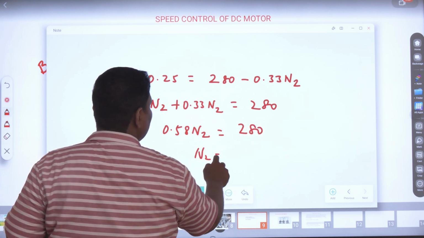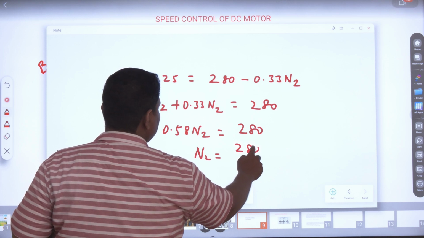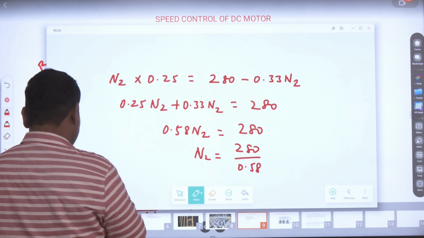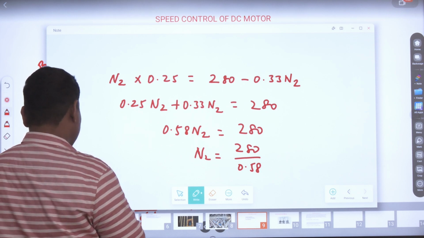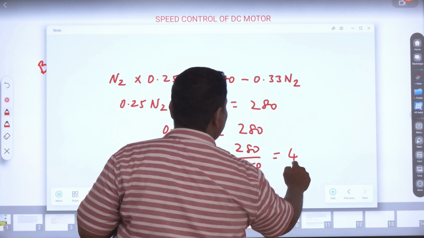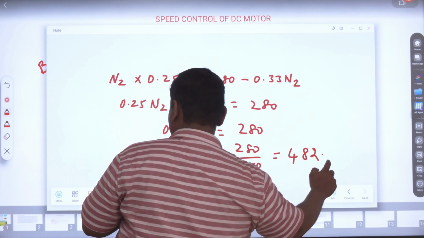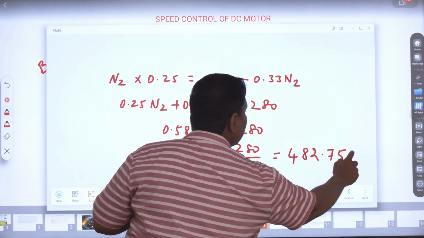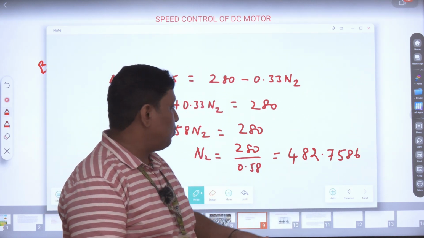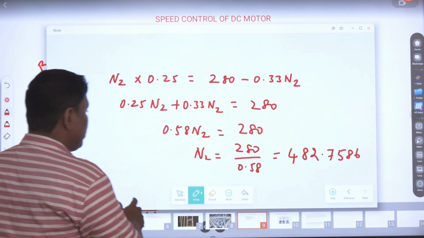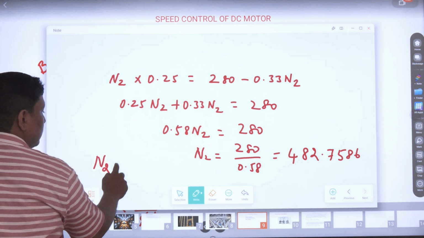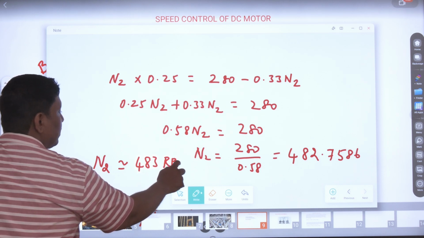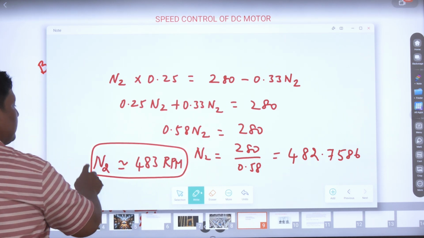So N2 equals 280 divided by 0.58, which is 482.7586. Since the digit after the decimal point is more than 5, N2 is 483 RPM. Clear?